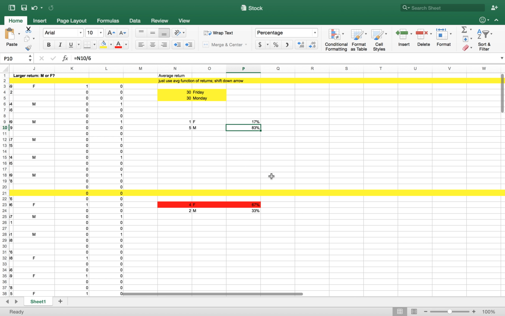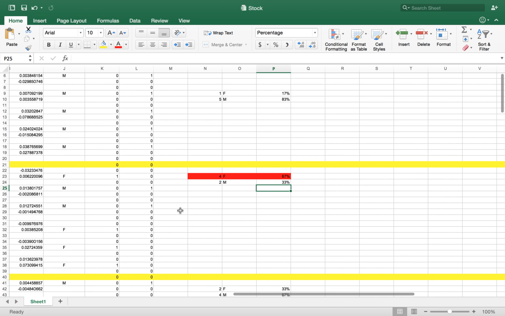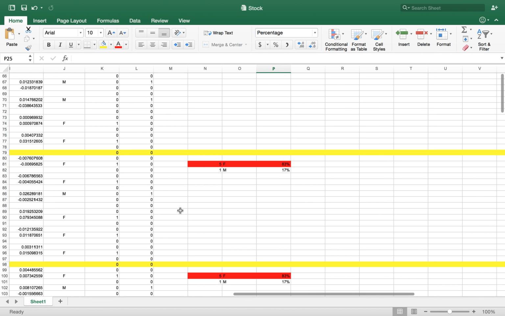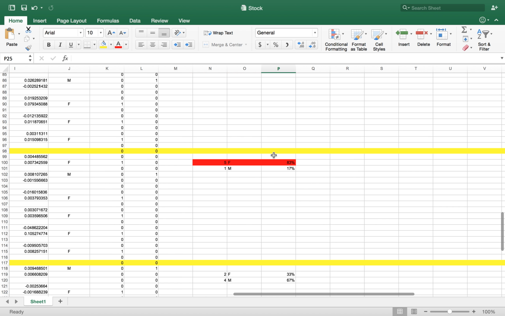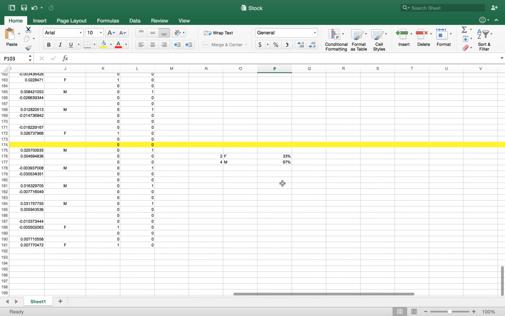And Friday was actually only higher here for this stock, FOE, and then 2 more times down here, 83%, 83%. And other than that, it was 50% a lot of times.